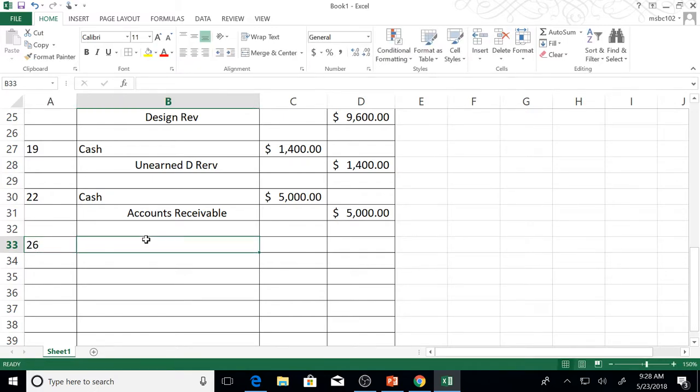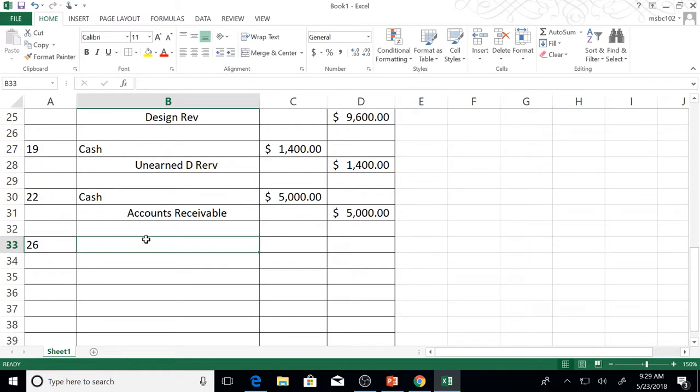We did the 22nd, now we are at the 26th. Wages are expenses, so that's going to go next. What happened to the cash? It's going to go down. Yes, so the cash is going to go down by 4,800.